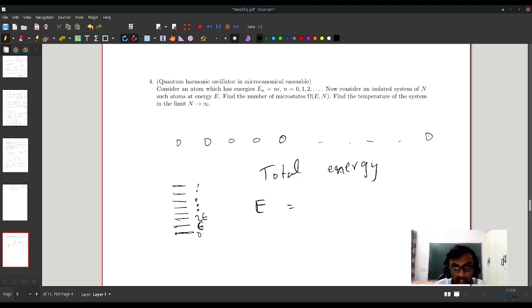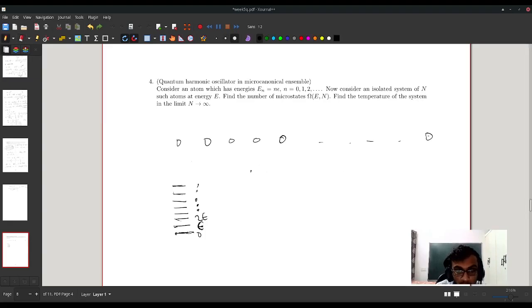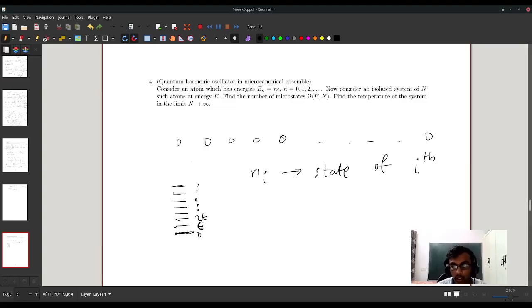Let's say Ni is the level, the state of the ith atom or object.